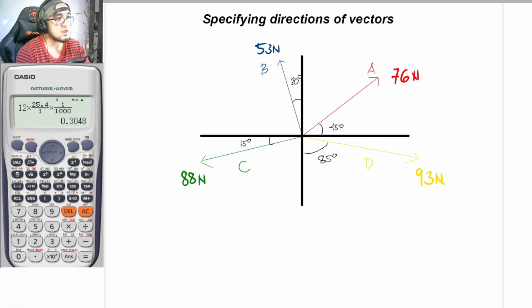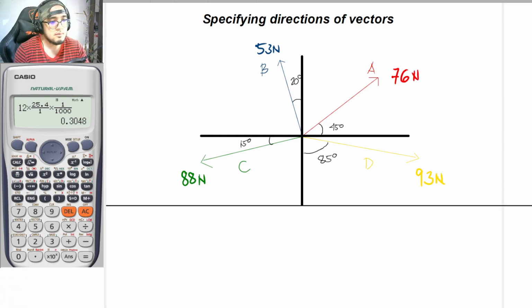For your vector A, by the way guys, before proceeding, we actually have two methods. Let's say that this is now to be your method number one, and we also have our method two.